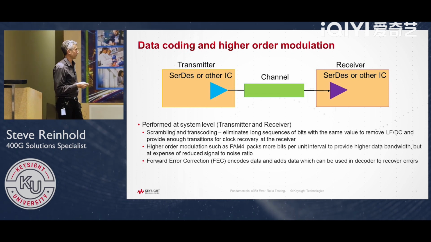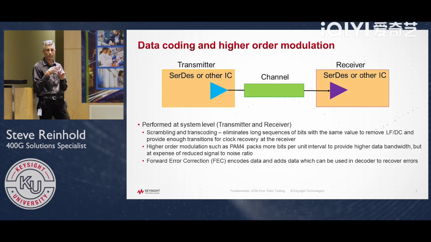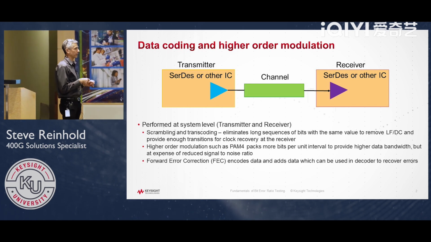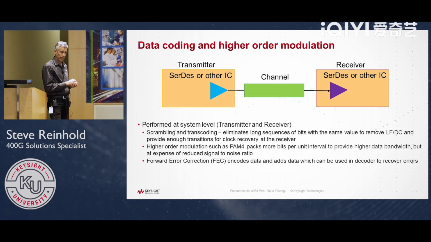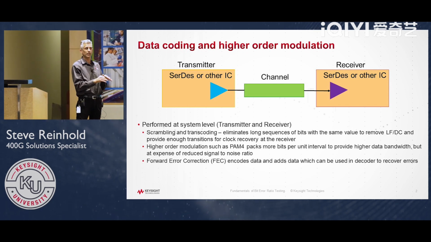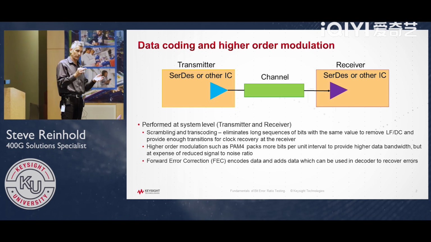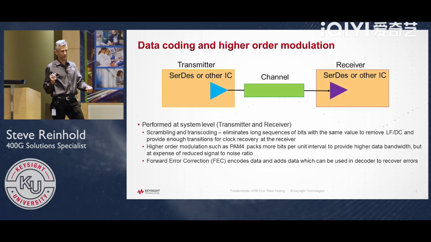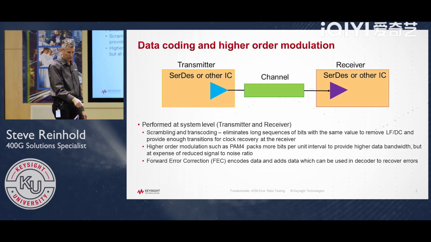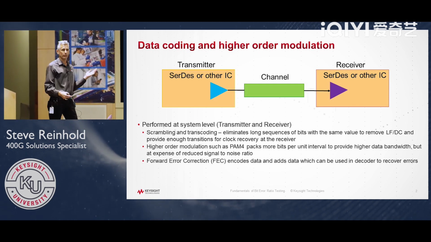Higher order modulation. We talked a little bit about this, and Russ had a few eye diagrams in there of PAM4, where you transmit 2 bits per symbol. And this is getting really popular in high-speed signaling because companies want to get higher throughput through existing channels. So the baud rate, relative to the frequency response of a channel, is half the bit rate for PAM4 signaling.